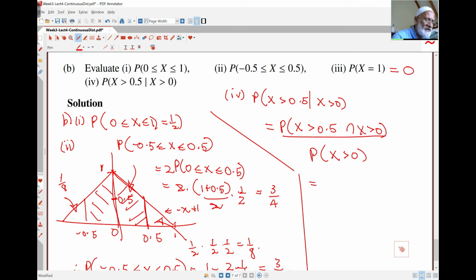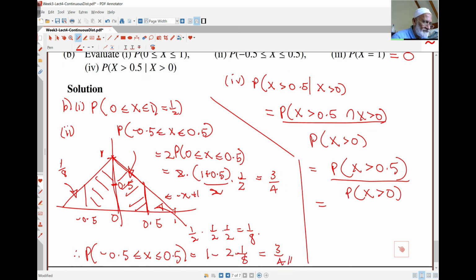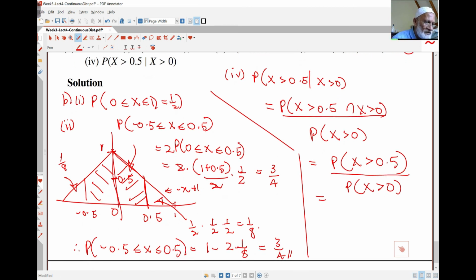Now the intersection of bigger than 0 and bigger than 0.5 is simply bigger than 0.5. The probability x is bigger than 0.5, I worked out over here. It's 1/8. And x bigger than 0, by symmetry, was a half.